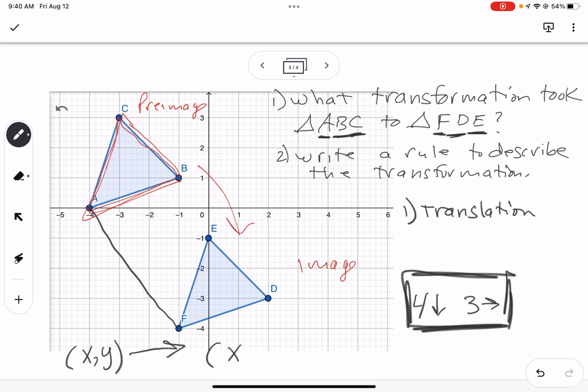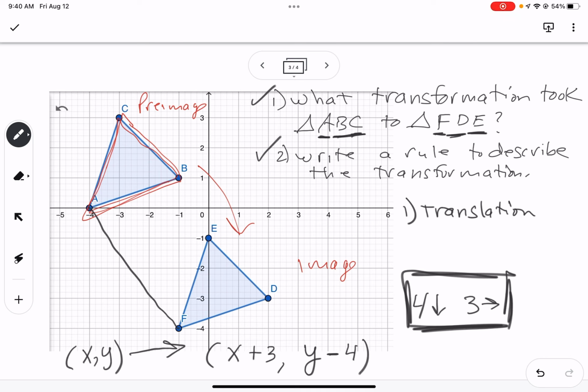So if I'm moving to the right 3, that means I had to add 3 to every single x coordinate of the original ABC. Okay, every y went down 4. So down 4, and there you go. There's your rule. We've identified it's a translation, and we wrote the rule.